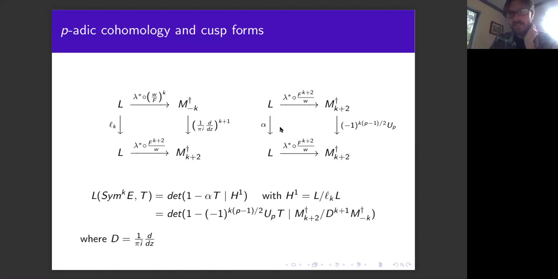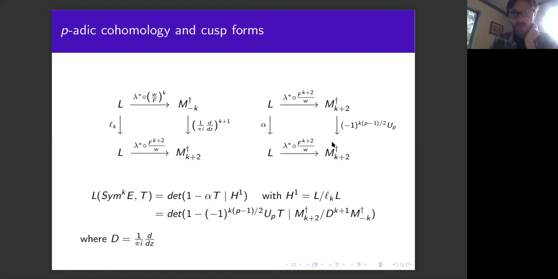But basically, you get this relationship between the Frobenius operator and UP. And the horizontal arrows are isomorphisms. This is literally just multiplication. I'm multiplying this function times these functions here and doing the pullback of the covering map to the half plane.